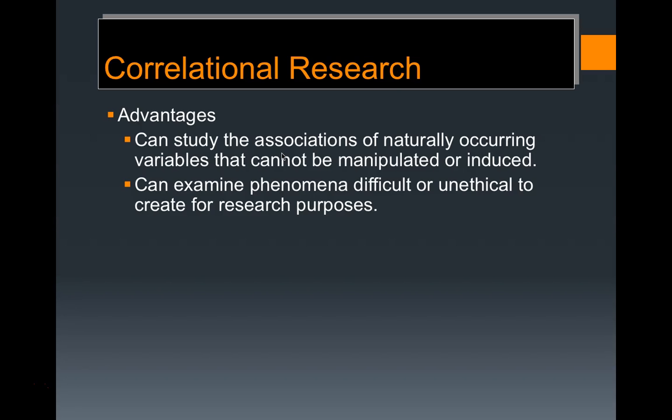We wouldn't be able to study that under more controlled circumstances. We couldn't do an experiment and create a tragedy for some people and not for others, and then look at the relationships. That would be a difficult situation to create. But with correlational research, we can go out and measure these things in naturally occurring phenomena.